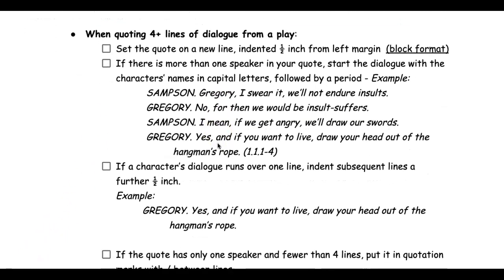Now there are a lot of other rules, so here you're going to have to look. If you are quoting 4 or more lines of dialogue from a play, you have to use block format, which is when you indent the whole thing. And if you're having more than one speaker, you do have to have the names listed like this.